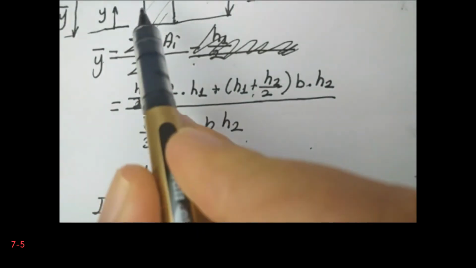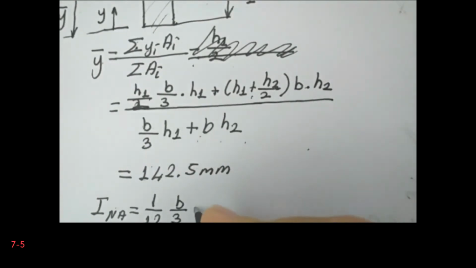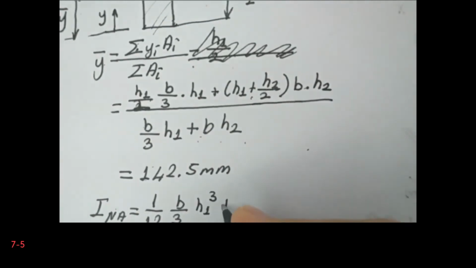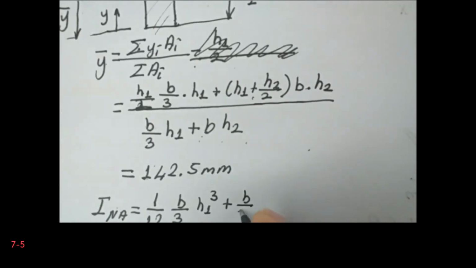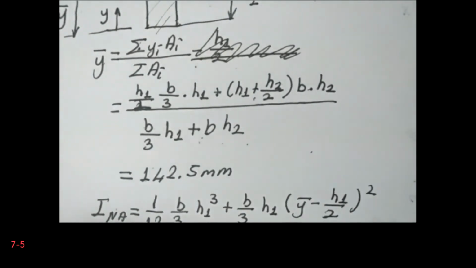The width is b divided by 3 multiplied by h1 cubed. Then we will shift it to the neutral axis. Area is b divided by 3 multiplied by h1 multiplied by (y bar minus h1 divided by 2) squared. So the square of the distance to the centroid.